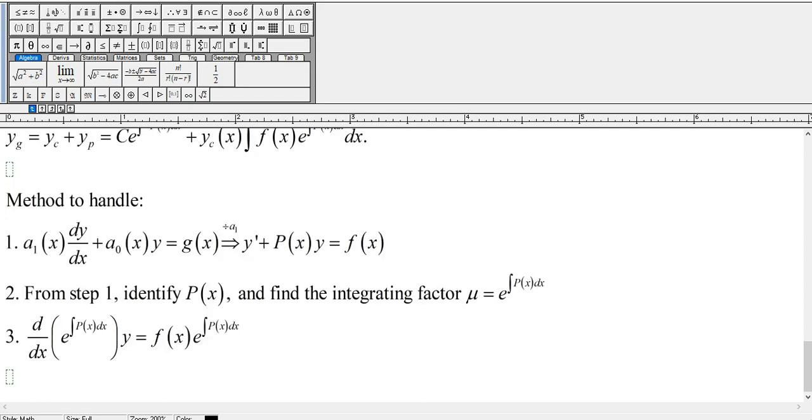Okay? From there, integrate both sides. Okay.